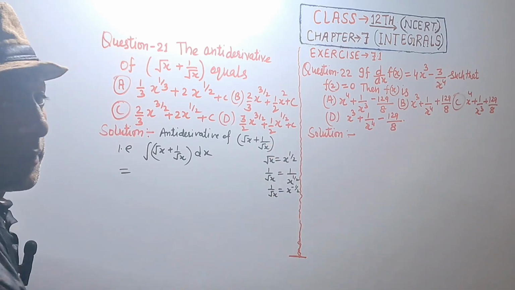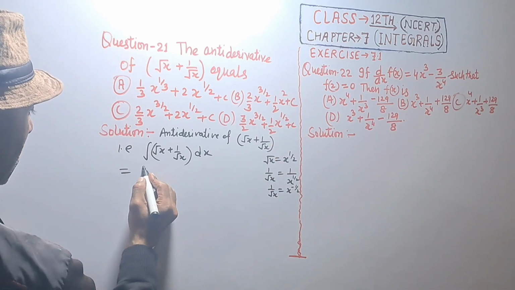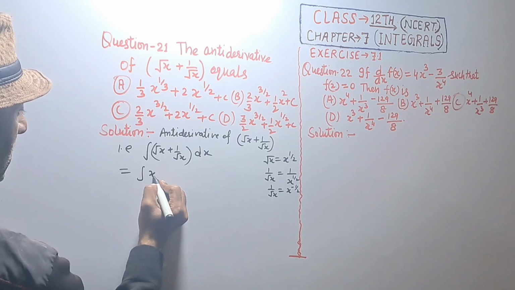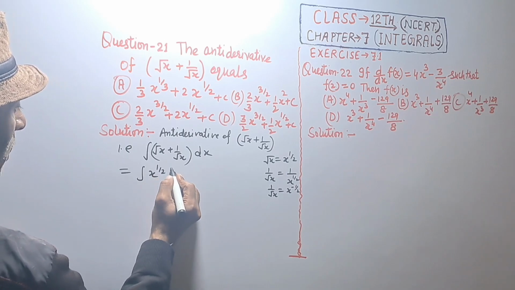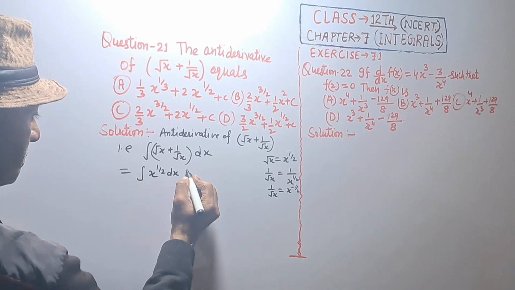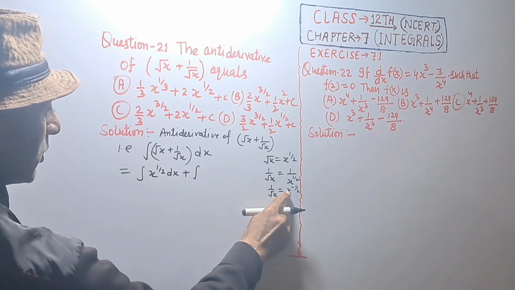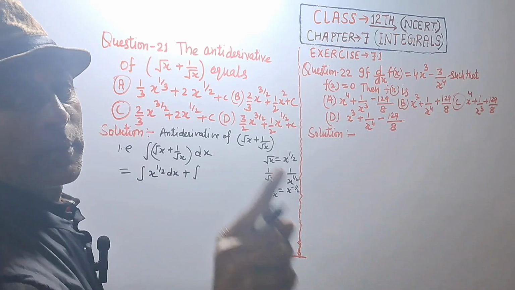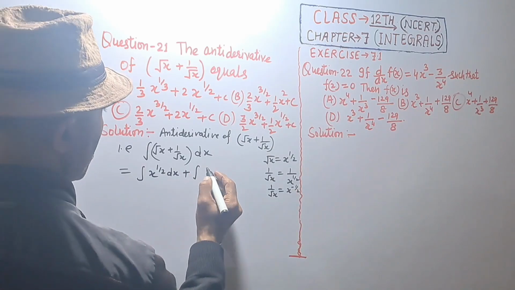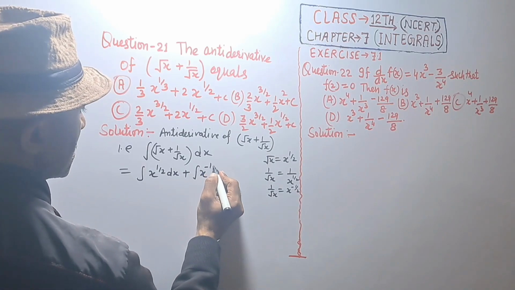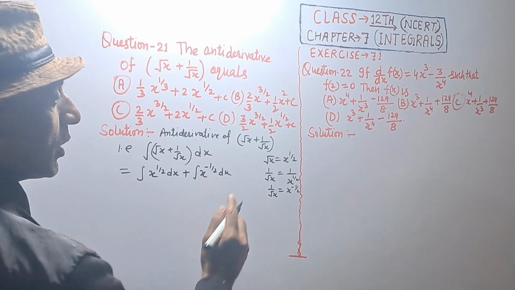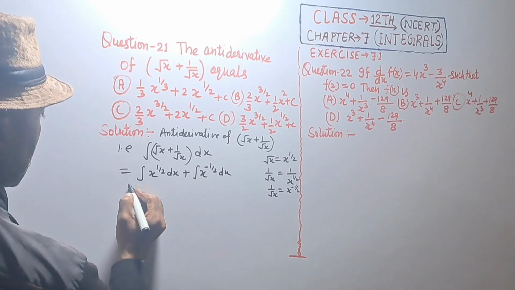This power will be negative in numerator. And integration of x raised to power 1 upon 2 dx plus integration of x raised to power minus 1 upon 2 dx.